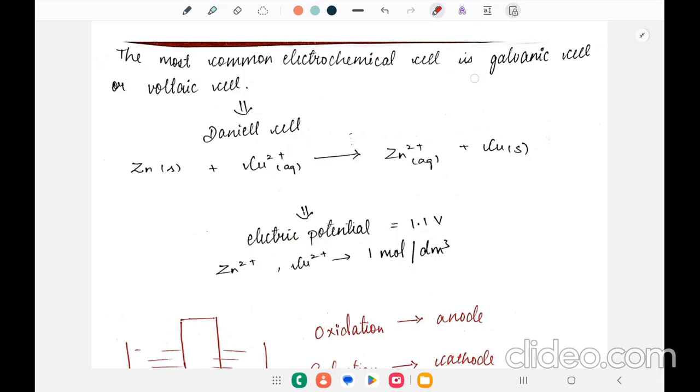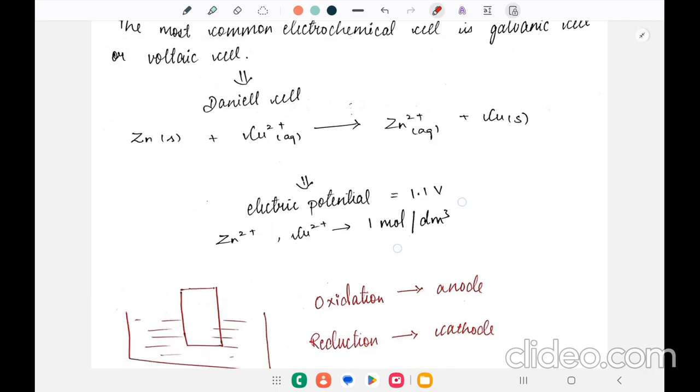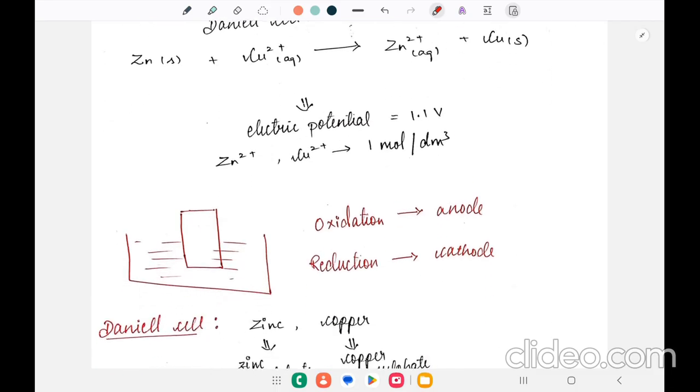So we know that galvanic cells are the electrochemical cells which convert the chemical energy of a spontaneous redox reaction into electrical energy. In these cells we place an electrode in a solution of its own salt.